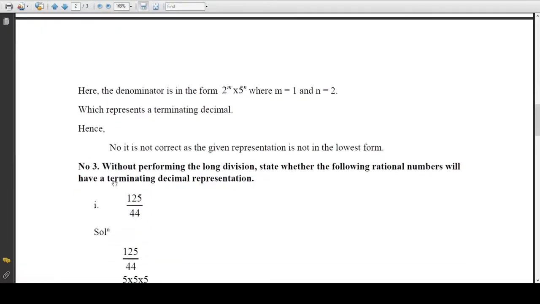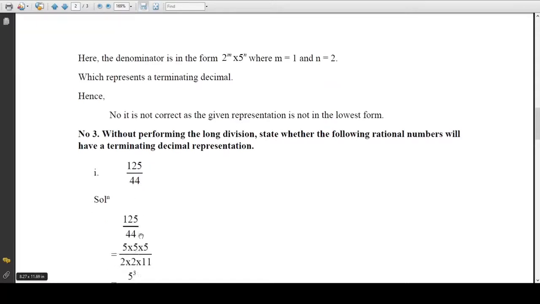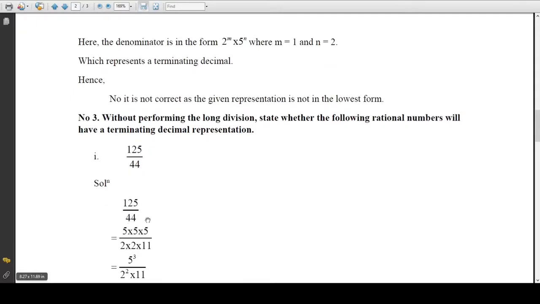Now the next, number 3: without performing the long division, state whether the following rational numbers will have a terminating decimal representation or not. This means we have to take the lowest form of the given rational number and then find out whether the denominator is in the form 2^m × 5^n or not. Now the first one is 125 by 44.